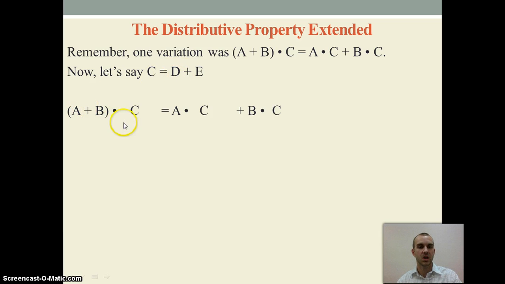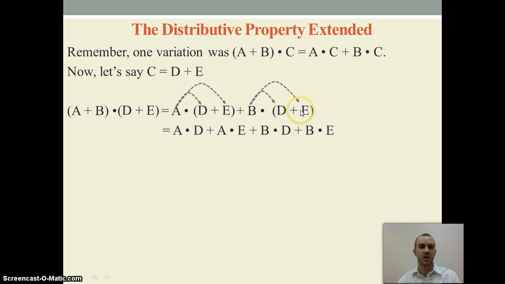Now say I just plug in the quantity D plus E for my letter C there. I can now distribute my A and my B to both of them, and you'd have A times D plus A times E plus B times D plus B times E. A lot of you probably learned this in high school under the name of FOIL: first, outer, inner, last.